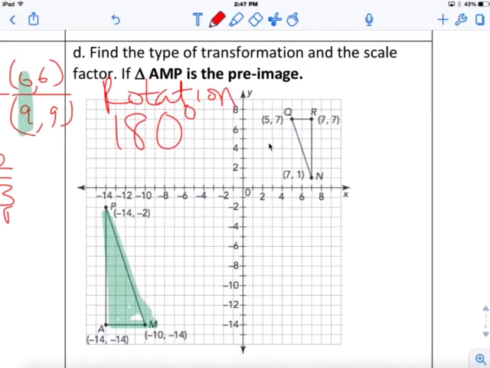All right, let's take this and that. Negative 14 and negative 2 over, nope, the pre-image, remember, goes on the bottom. 14 and 2.